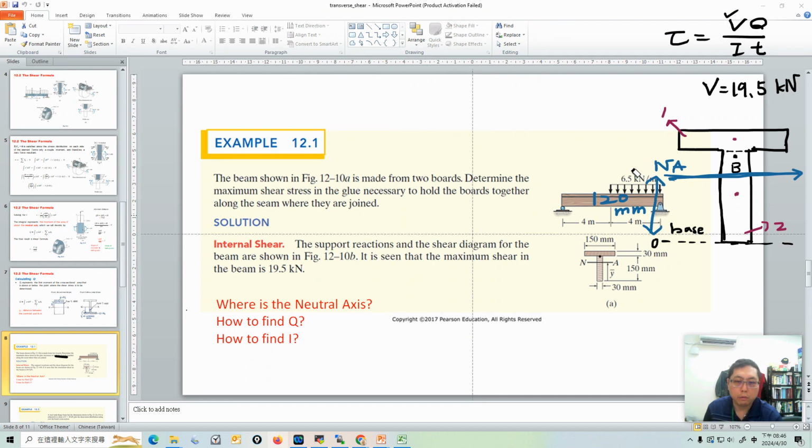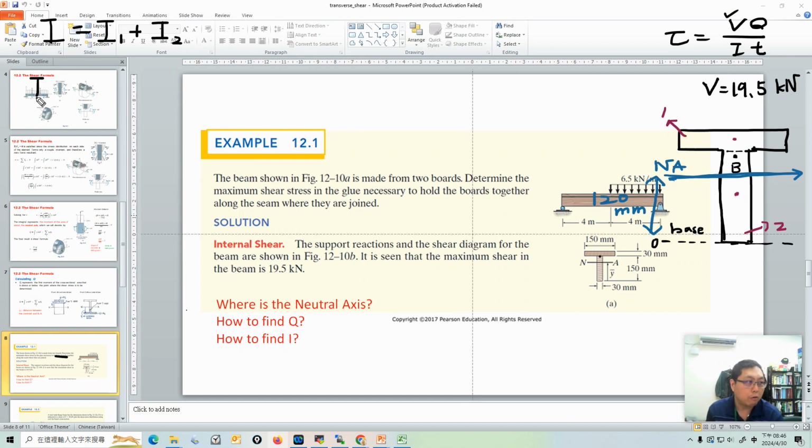Let's calculate the moment of inertia of this cross-section area. We have a complicated shape, so we use the same strategy: divide it into area 1 and area 2, and add the moment of inertia of 1 and of area 2 together to get the moment of inertia, I1 plus I2. I1 and I2 are much easier to calculate because they are just rectangles.